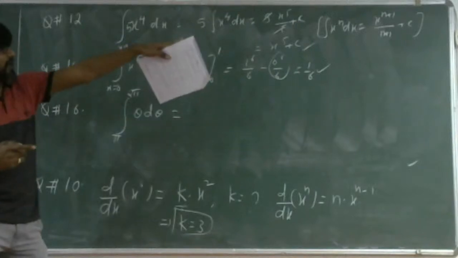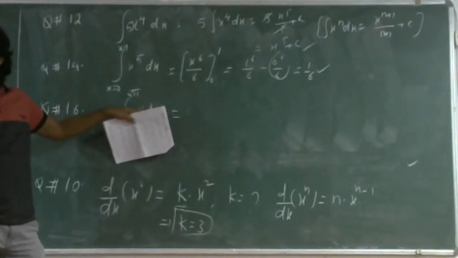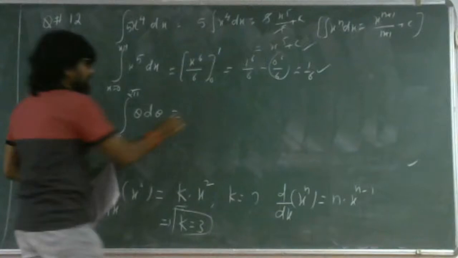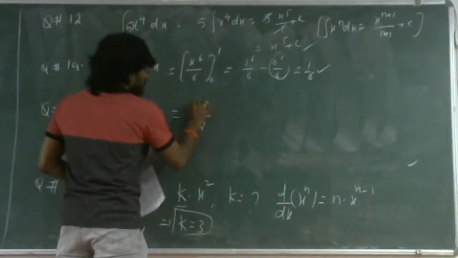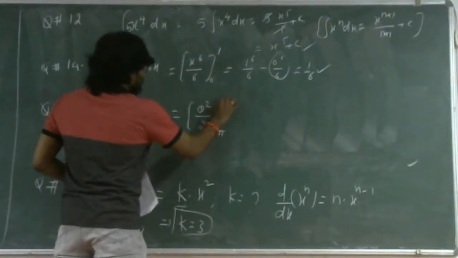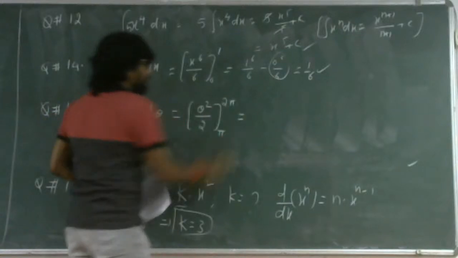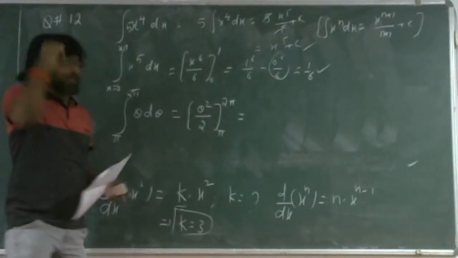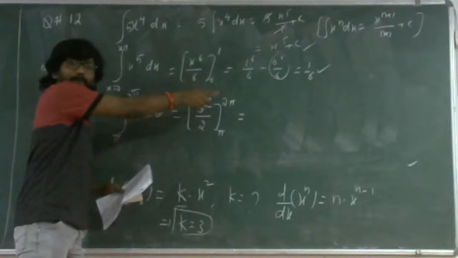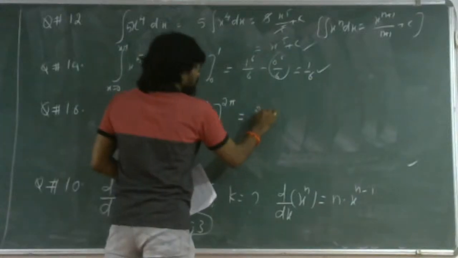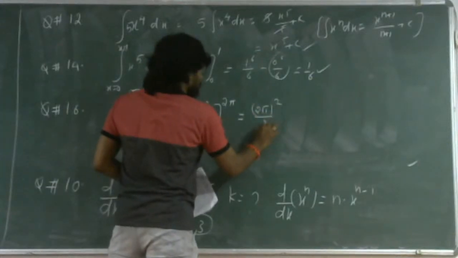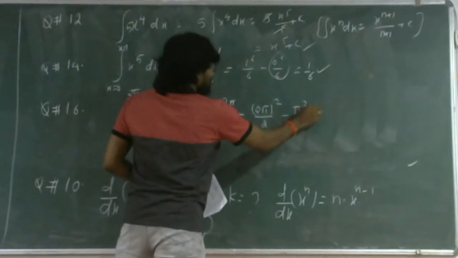Same formula, in place of n we have 1. So 1 plus 1 by 1 plus 1, so theta square divided by 2. The limits pi to 2 pi, so upper limit minus lower limit. In place of theta we put the upper limit first: 2 pi whole square by 2 minus pi square by 2.